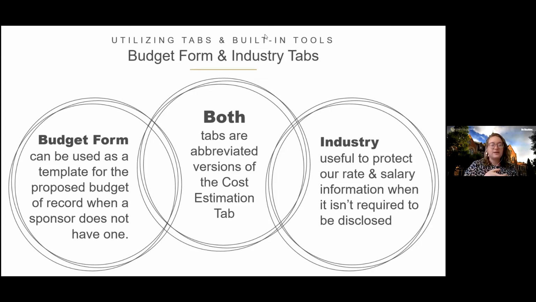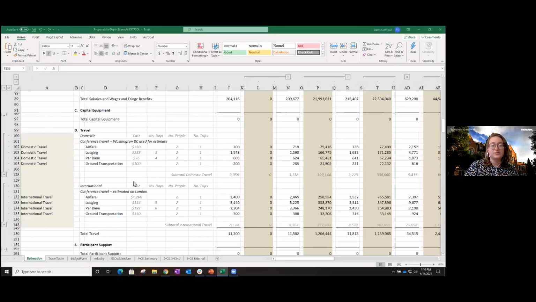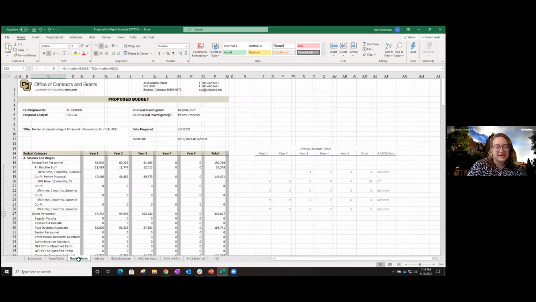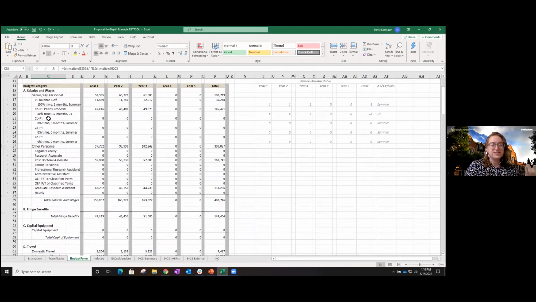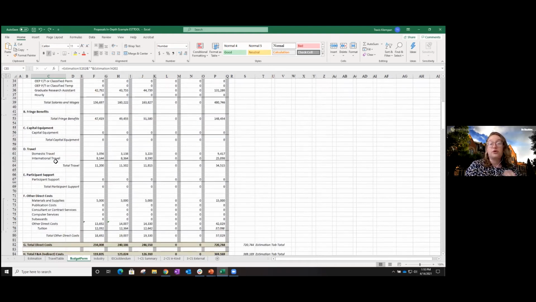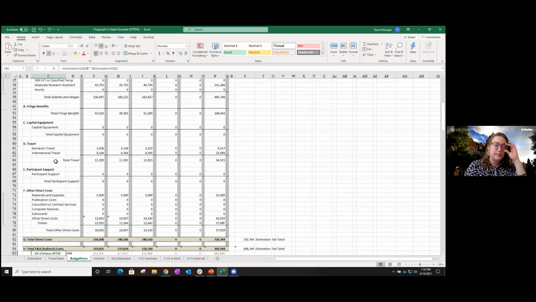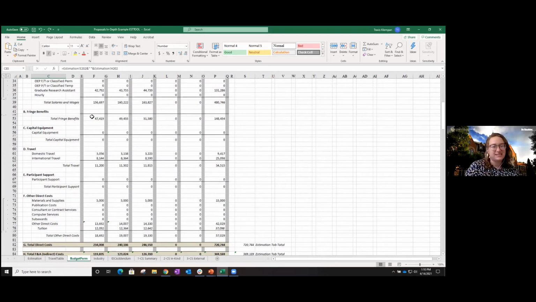So the budget form can be used as our proposal budget of record if the sponsor doesn't have a format that they need us to use. So if we're going to look at that 3rd tab, this is our budget form. It has most of the same detail. We still have individual salary totals. We still have an overall fringe total, but the categories themselves have less detail.